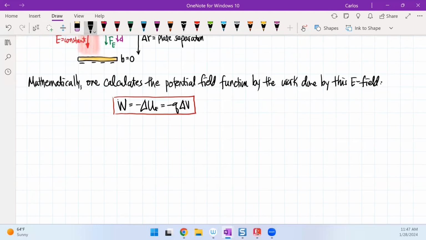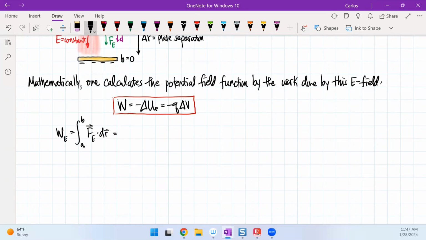So now if I look at the work done, the work of the electric field is going to be the integral from A to B of the force of the electric field dotted with the displacement.